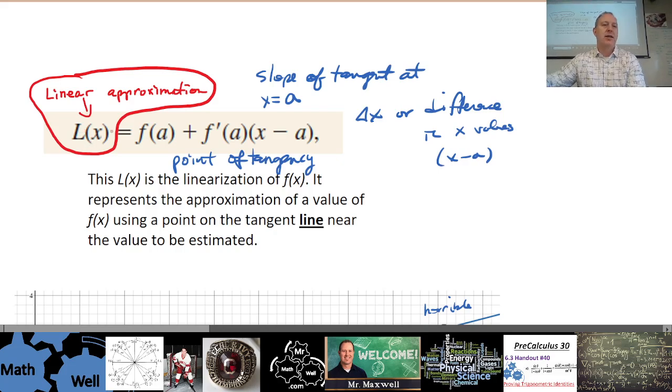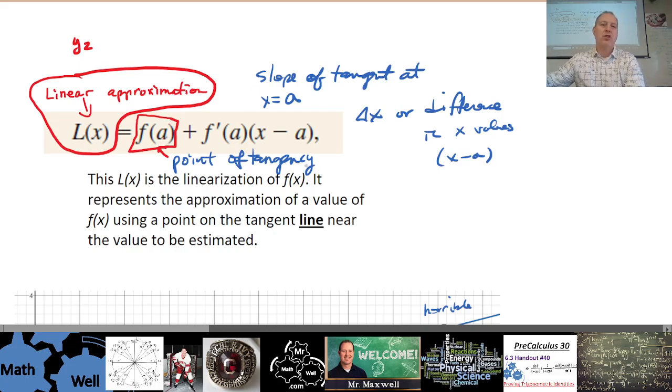So the L of x, and again, this is the y value, the y2 value. We're approximating the y value on the function. And how we get that is we take the original y value of the point of tangency, so f of a. Now a is the letter we often use for the x value of the point of tangency.